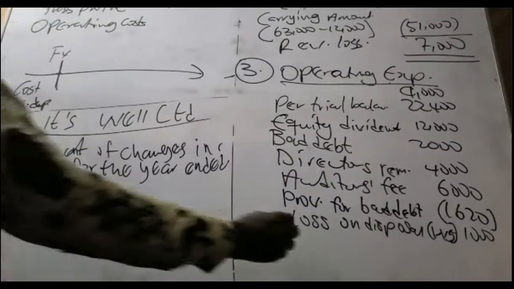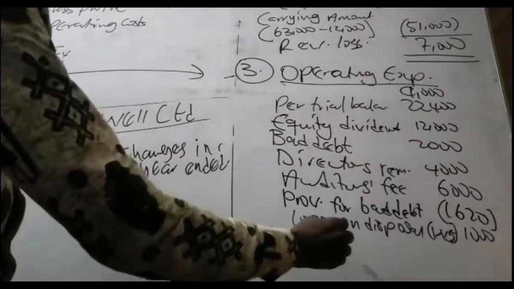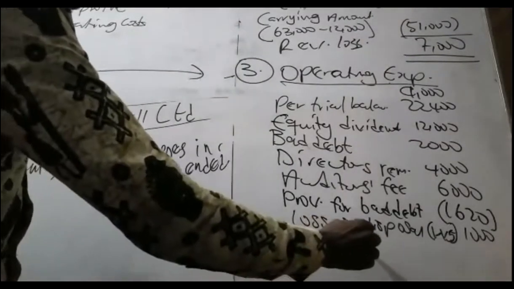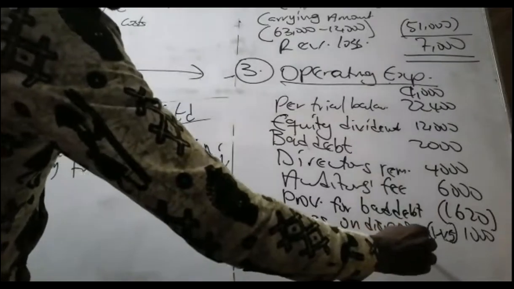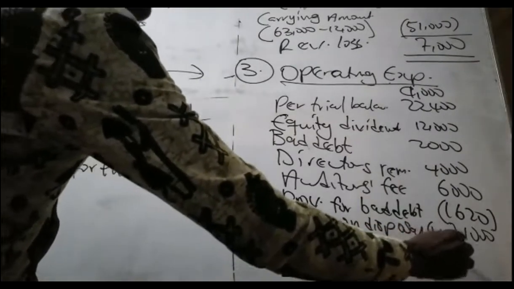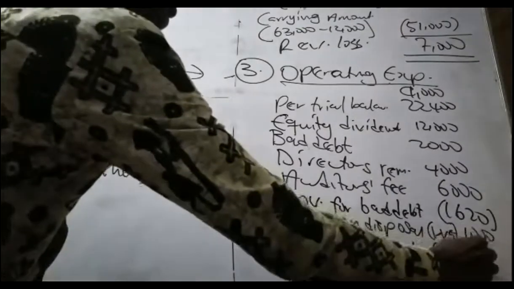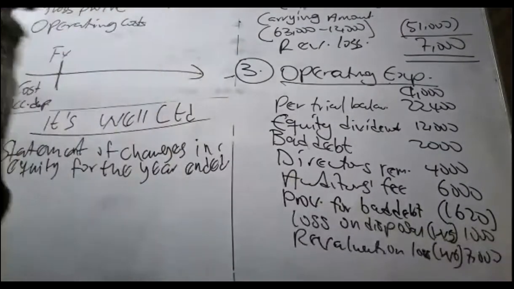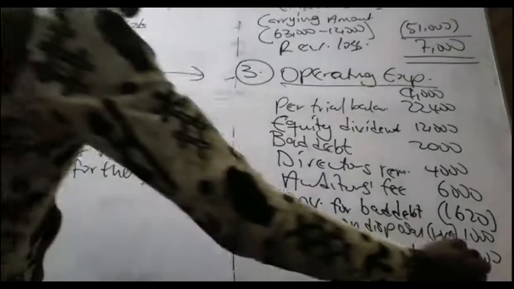So revaluation loss, workings number 6, and that is 7,000. I'll put all of them together.